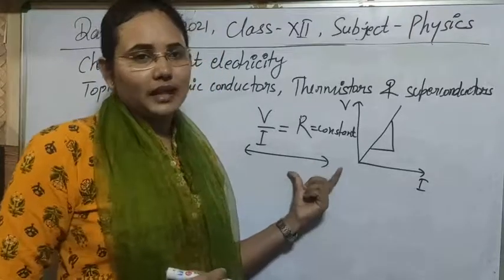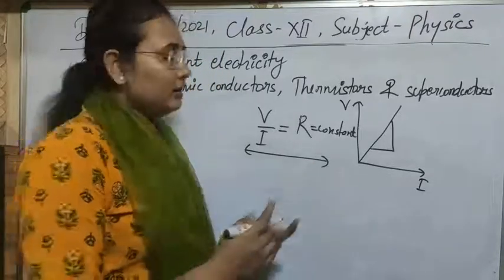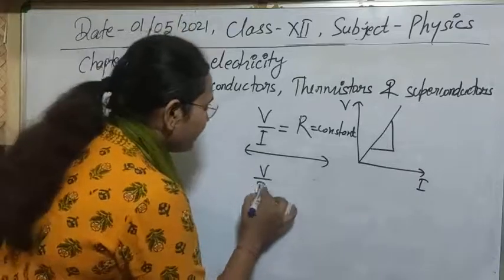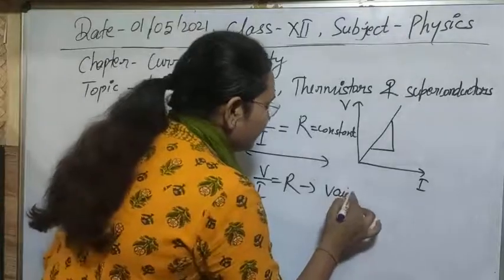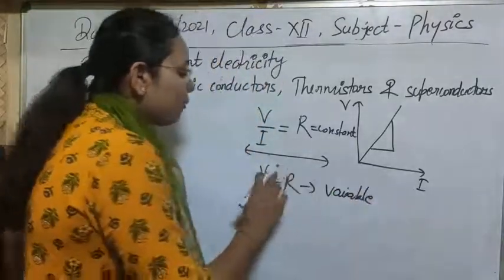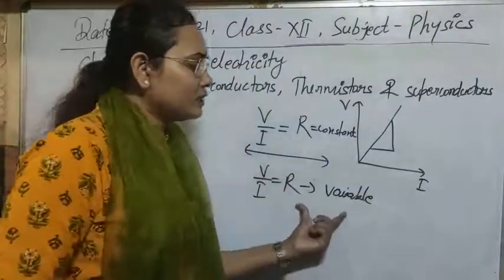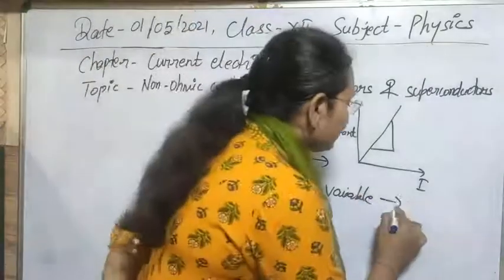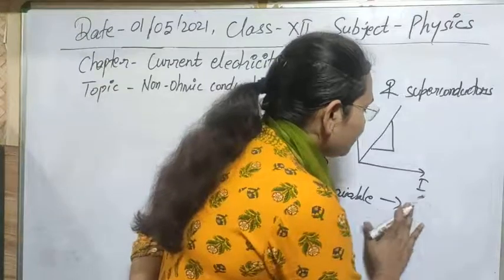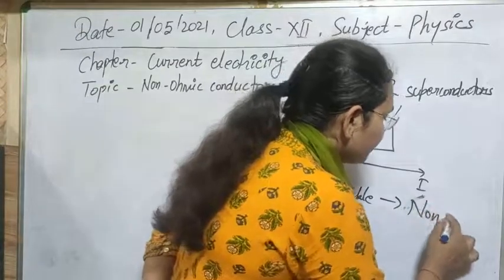Sometimes we obtain V by I as a variable value, meaning the slope of the VI characteristic is changing at every point, is varying. At that time the conductor is known as a non-ohmic conductor.